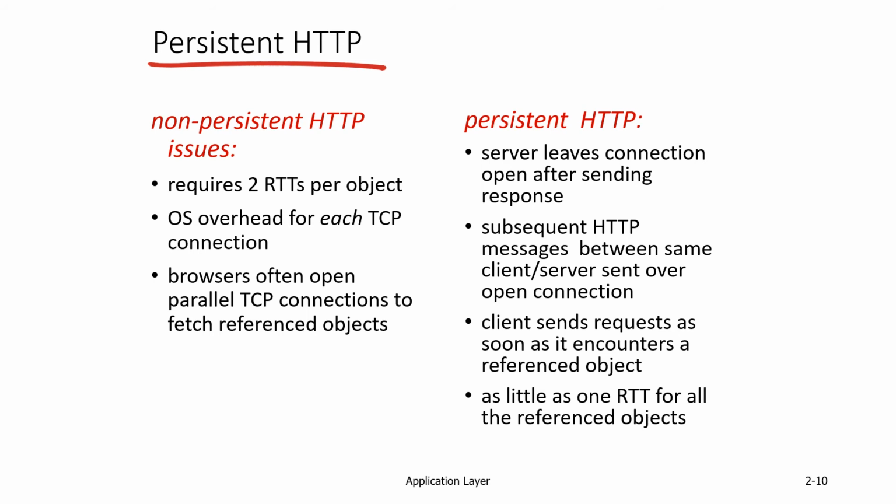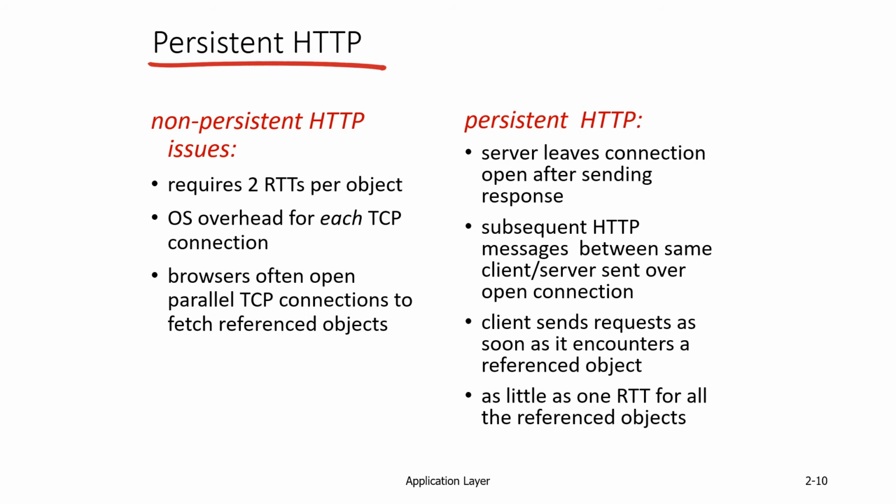Or you can say that the request response in total for each object is two round trip times. Definitely, there is a management overhead: each TCP connection involves a certain amount of time to get established before you can generate an HTTP request, then get an HTTP response, and then close down the TCP connection. So in order to reduce latency, most web browsers start multiple TCP connections in parallel.